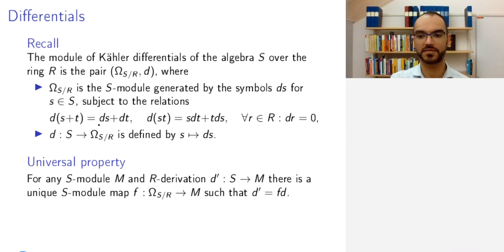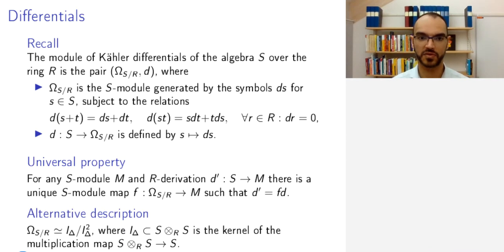Yet another characterization of this module is by observing, as we did, that it is the quotient I_Δ mod I_Δ squared, where this quotient space is constructed from this ideal I_Δ, the kernel of the multiplication map from S tensor S to S.